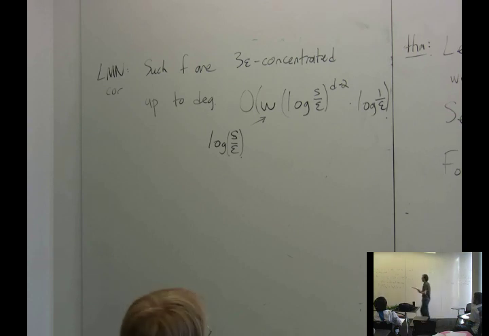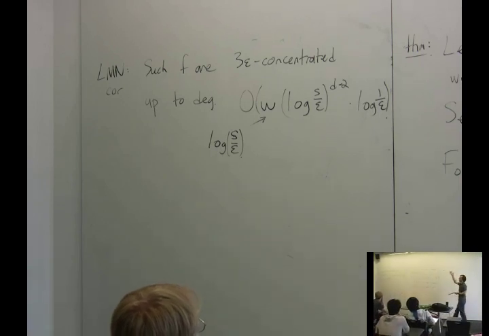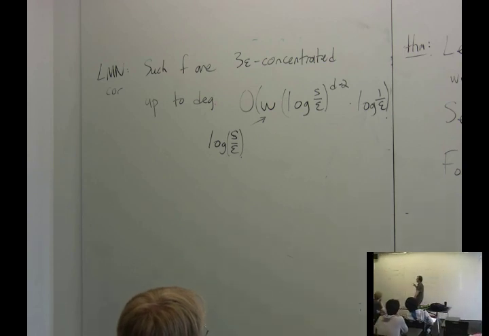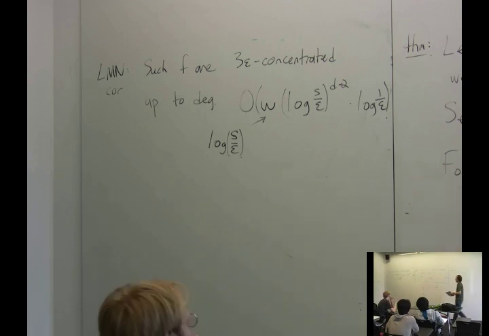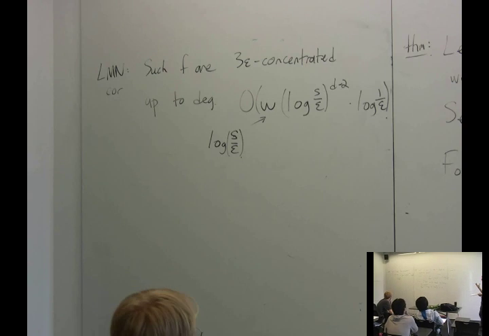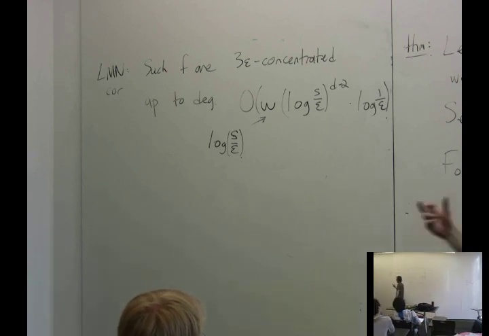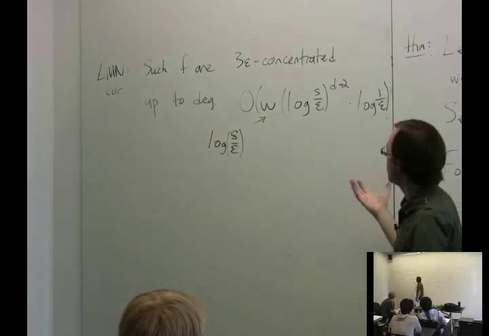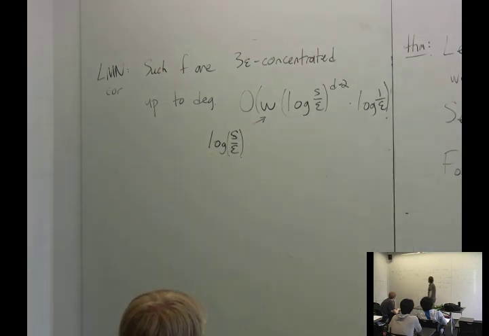It's the same trick we used for DNFs, dropping the really long terms, and also for decision trees, chopping off the really long paths. I don't know if you remember, but the definition of the width of a circuit was the maximum fan-in at layer 1, the bottom layer. So if you have a size S circuit, just delete all of the gates at layer 1 that are wider than this. What you get is a new circuit of size at most S with this width. And I claim that you've hardly changed the action of the circuit.